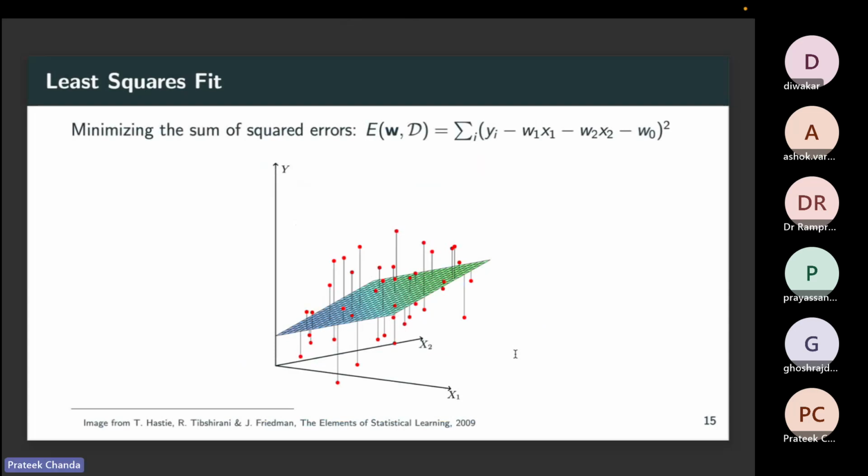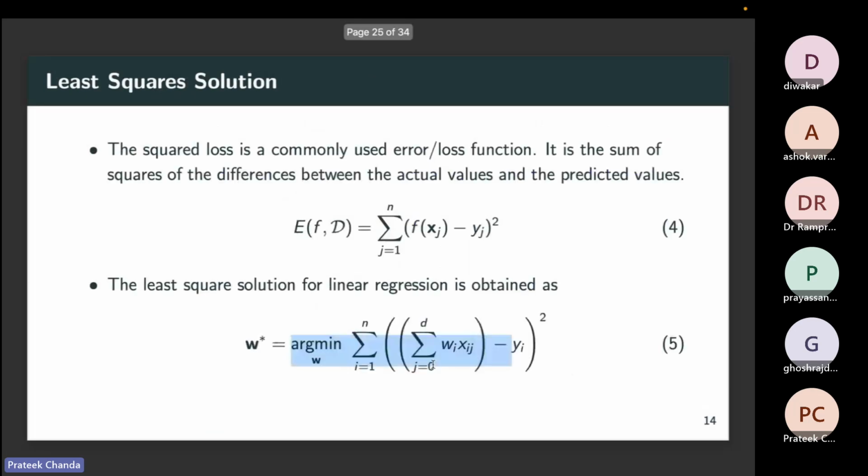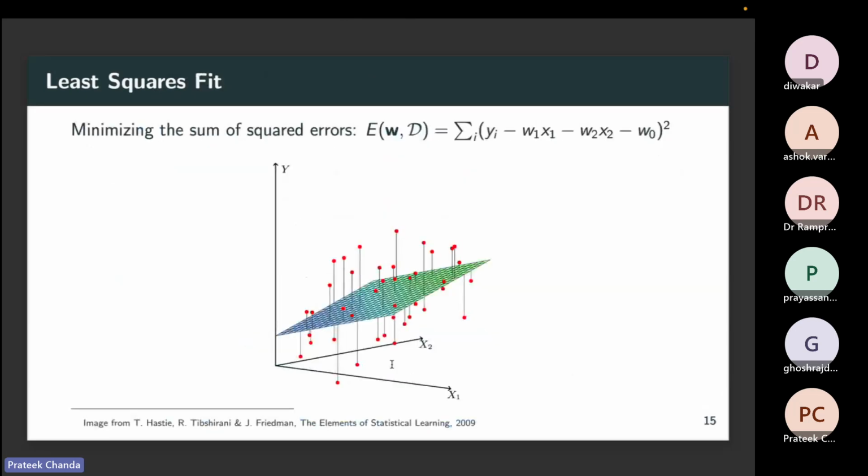It can be thought of in a two-dimensional scenario. We only saw a one-dimensional scenario like this. In a two-dimensional scenario, in the input space I have two dimensions, x1 and x2. Instead of fitting a line, I now want to fit a plane.